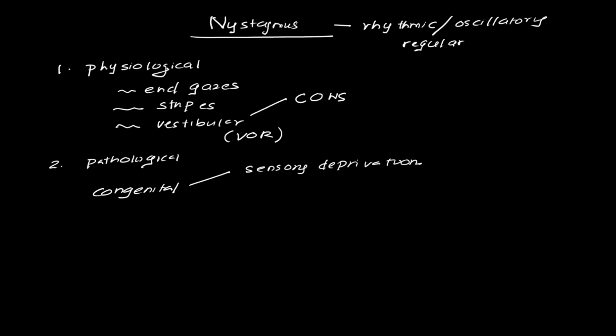The patient is not completely blind, but has difficulty in conducting sensory information. There are multiple occasions where you see this. This could be albinism, Leber's congenital amaurosis, optic nerve hypoplasia, or even monochromatism.